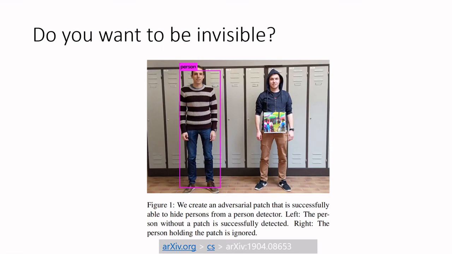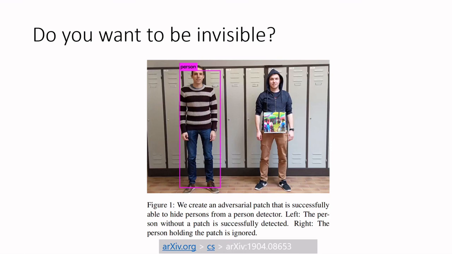So in this picture, we have two persons, and this picture is being fed to a person detector system, which is built using a convolutional neural network. In this case, one person is wearing a special patch, and one person is appearing just like in normal life.